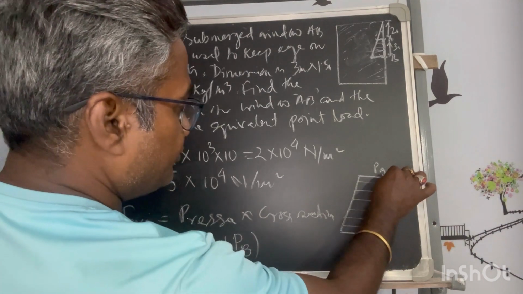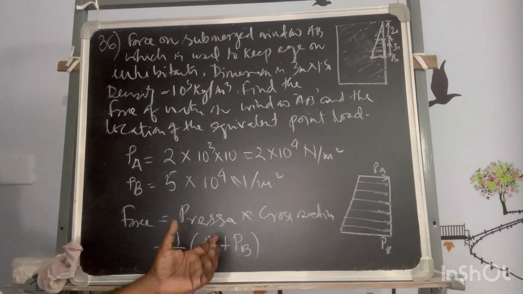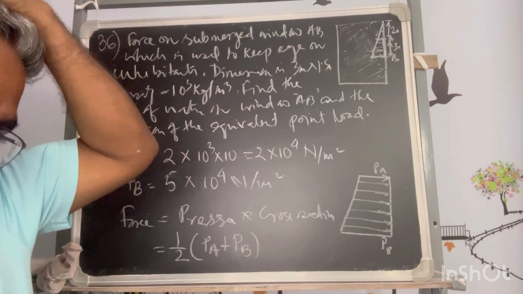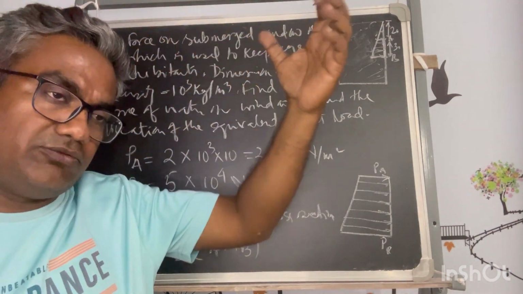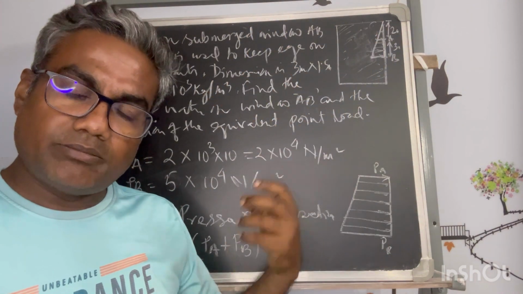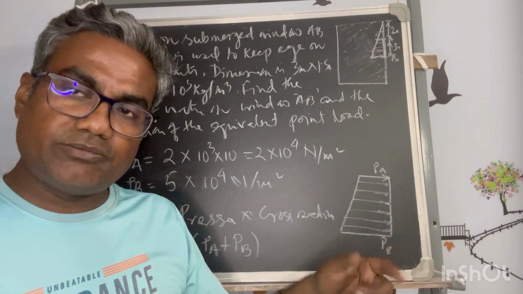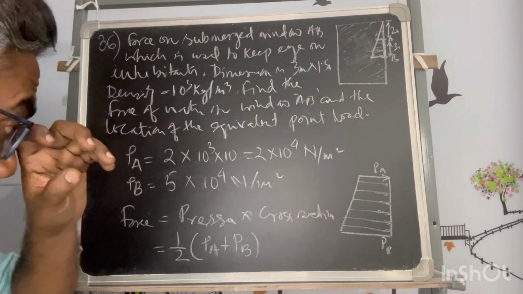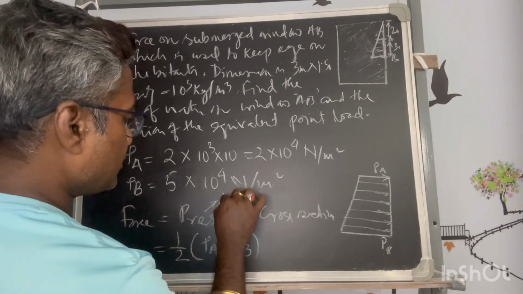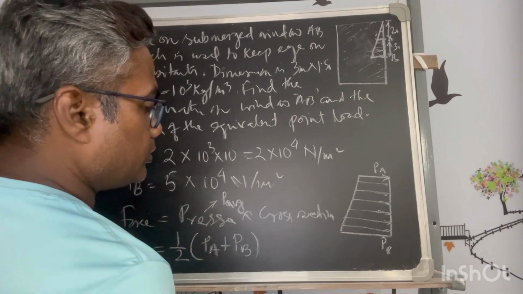In this zone, P minimum is PA and P maximum is PB. For any scalar or vector quantity which is uniformly varying, the average value is the maximum value plus the minimum value by 2. So when P is varying, we will take P average into the cross section.